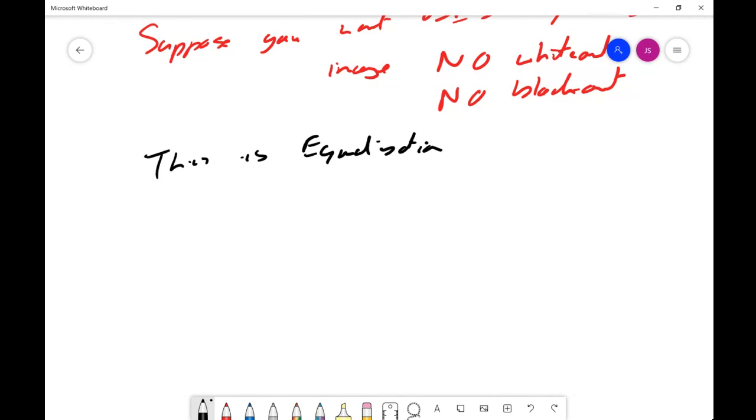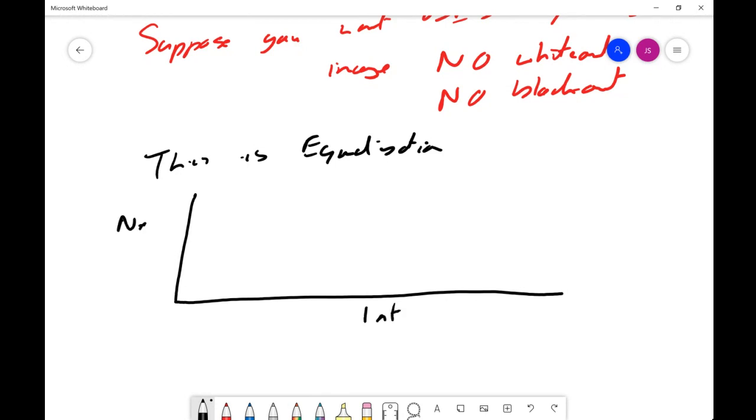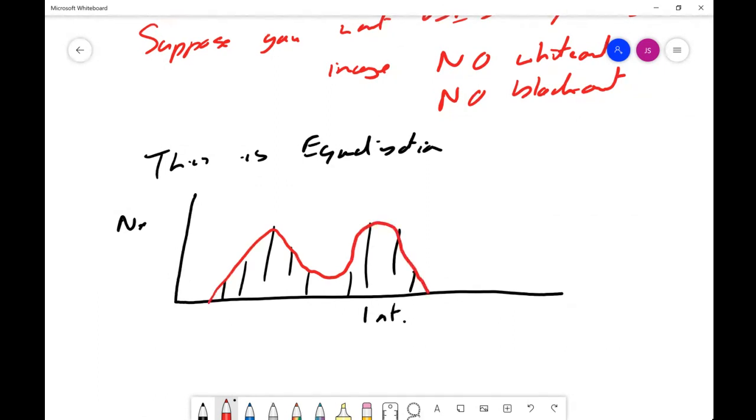So let's take a histogram, number against intensity. Let's draw it as a continuous curve.